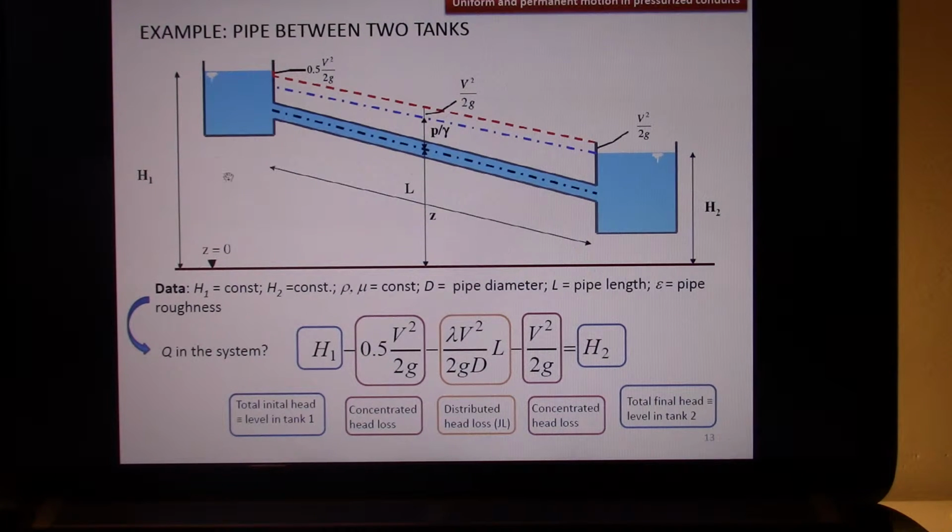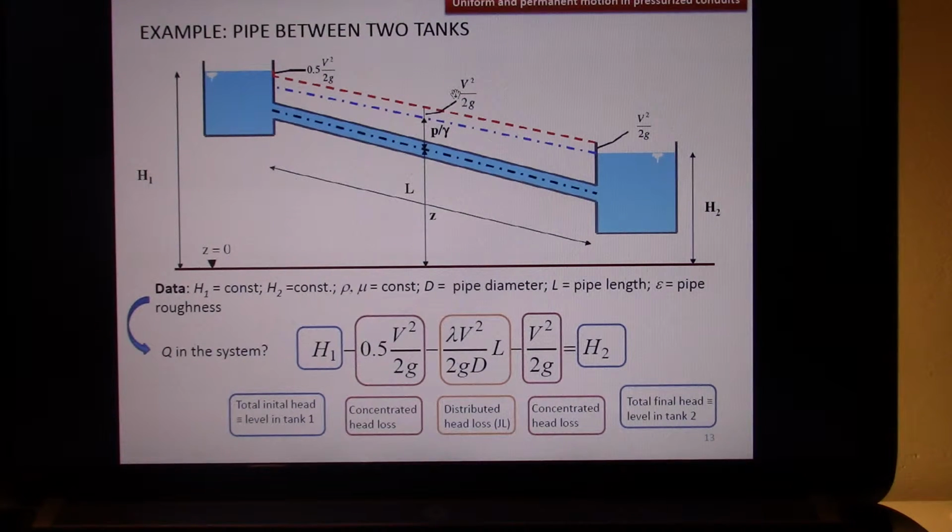Then we also know H1 and H2, so we know the total head in tank number 1, with respect to a reference system Z equal to 0, and we also know the total head in tank number 2. Another thing that we know is the density and the dynamic viscosity of our fluid. So the aim in this case is to compute the volumetric discharge flowing in the system.